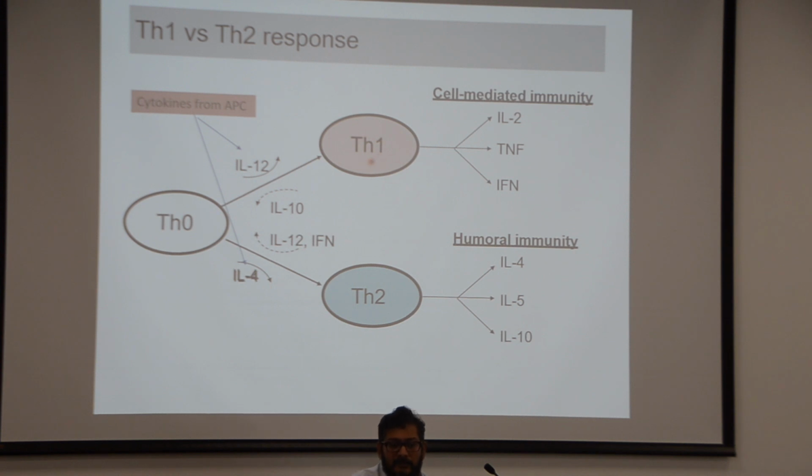These T helper 1s make a product called interleukin 2, TNF alpha, and interferon gamma. Interleukin 2 is one of the core signals that is required for CD8 T cells to go through expansion. Okay? And interferon gamma, interferons are there to shut down viral functionality in the rest of the cells of your body.